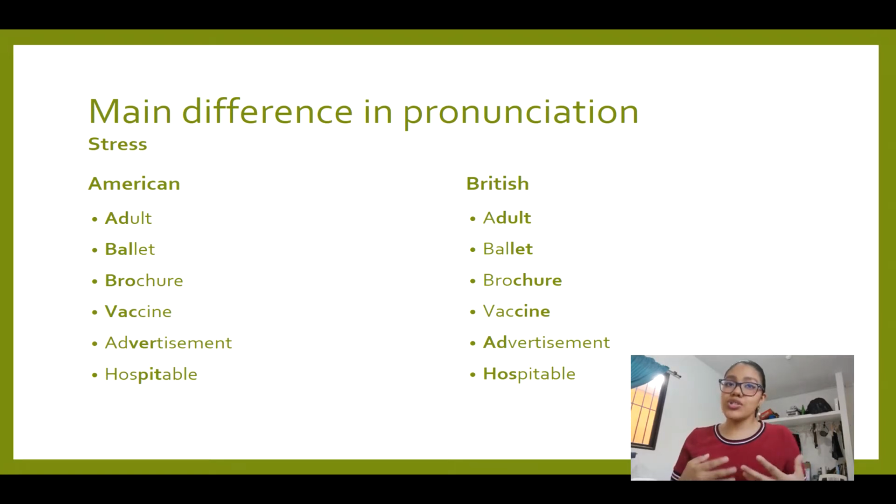But if we want to change our accent and sound more British, sometimes it'll be so simple that the only thing we need to do is to change the stressed syllable. For example, I have these words on the screen and I'll pronounce it as in American English first and then as in British English.